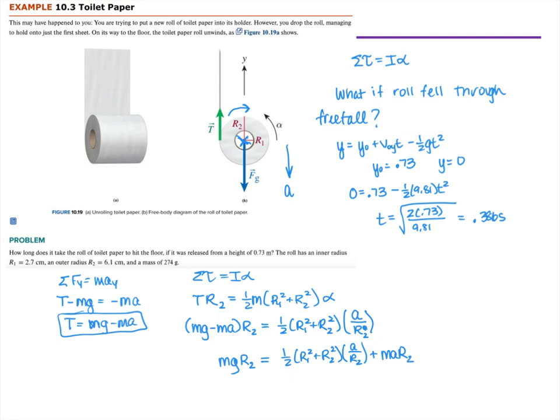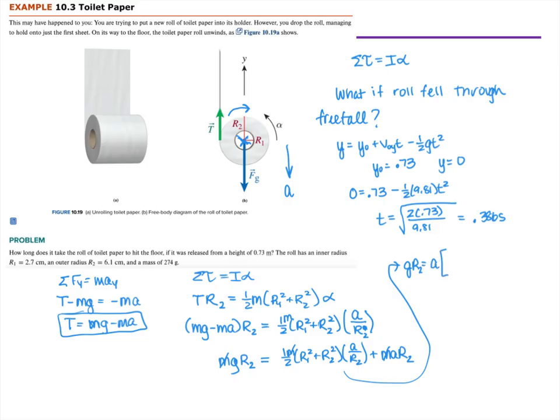I forgot the m somewhere. The m got lost as I went down, so the reason I wanted to put that m in is because we have an m in every term and we can cancel this out. So I have g r2 equals, now I'm going to factor out the a.